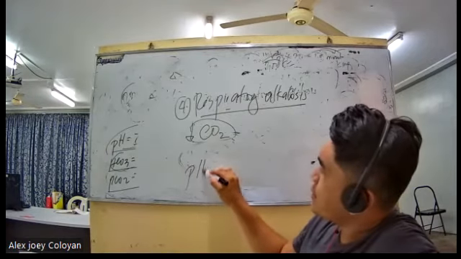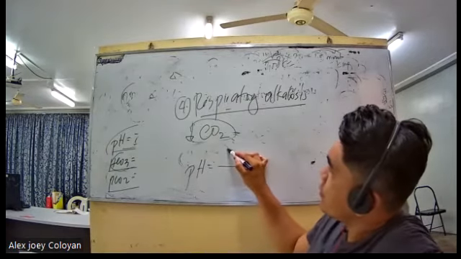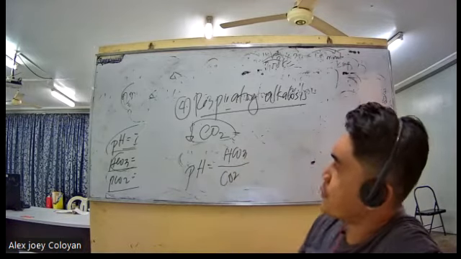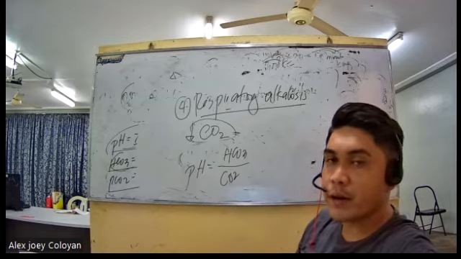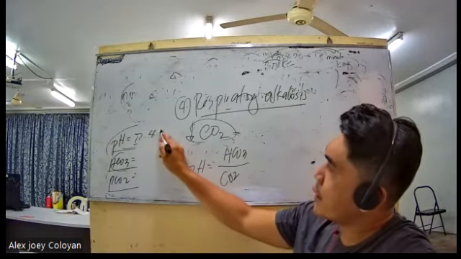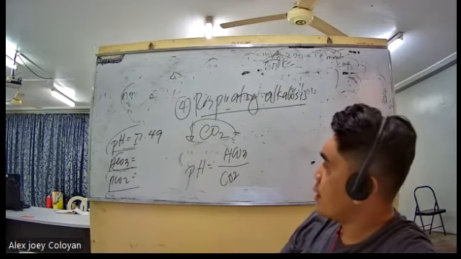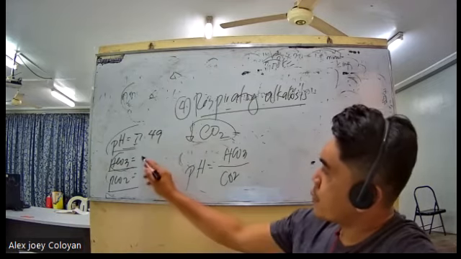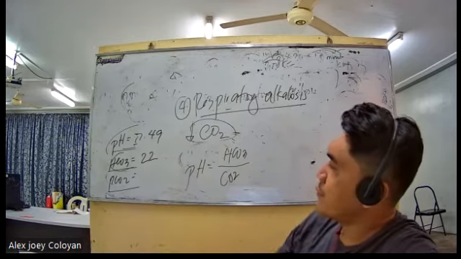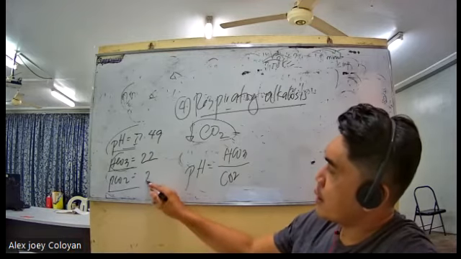So pH is equal to bicarbonate over CO2. Okay. So for respiratory alkalosis, for example, a pH of 7.49, a bicarbonate level of 22, PCO2 of 28.